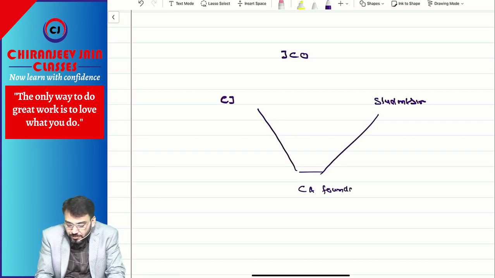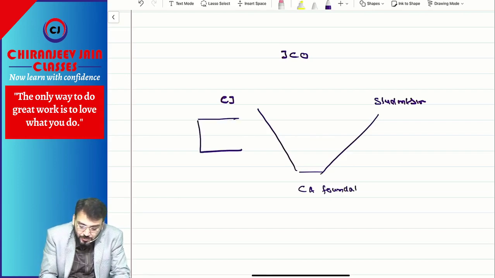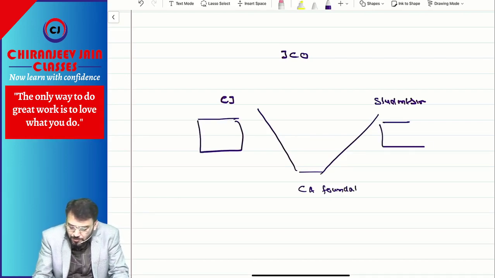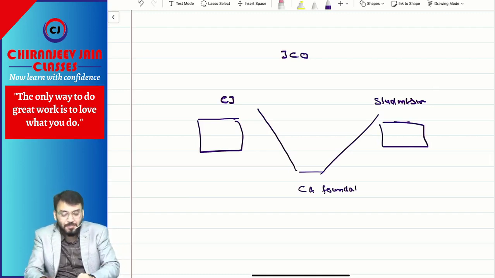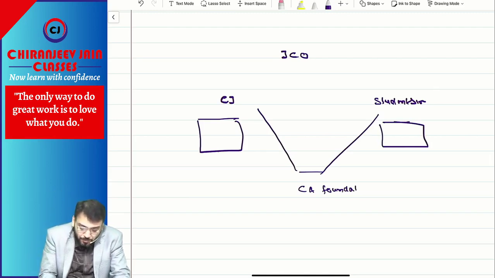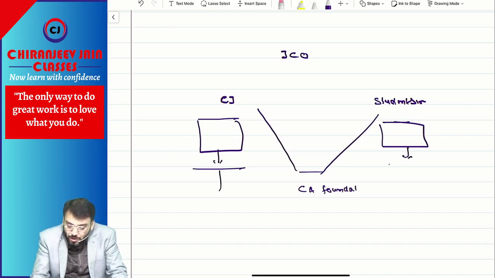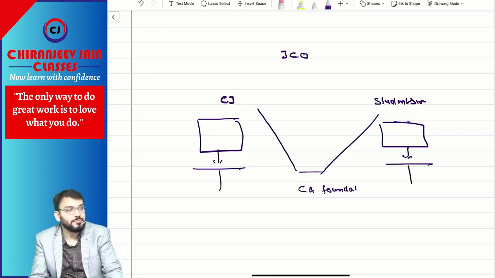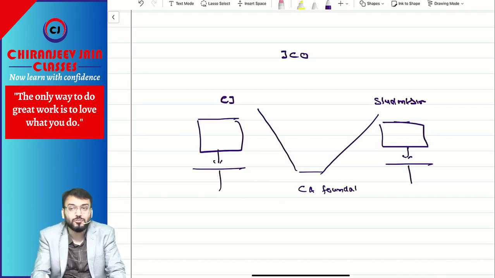I have my own business and you also have your own business. But CA foundation is a jointly controlled operation. For my business I am already preparing my books of account. For your business you are already preparing your books of account. So can I say this is the books of account of CJ sir, this is the books of account of student sir?